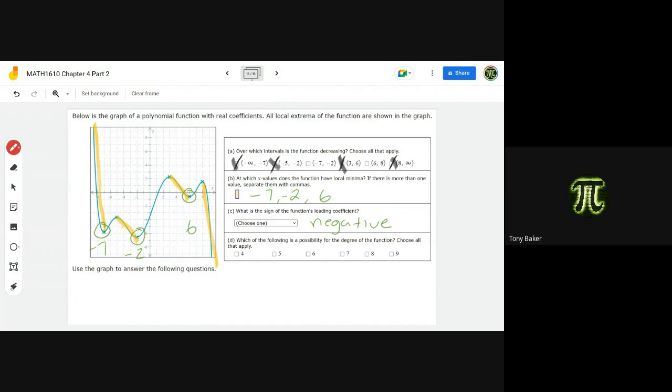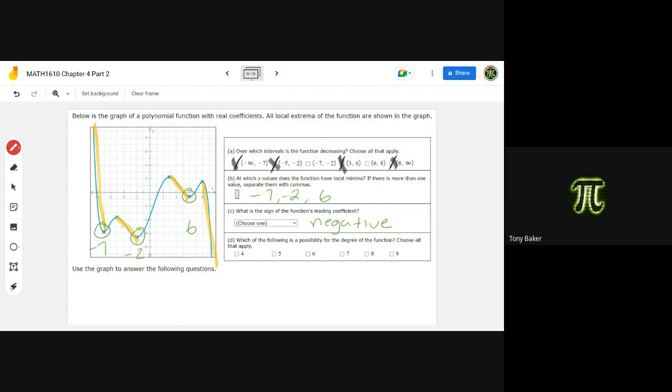But they would have had to have given you the zeros, or it'd have been a quadratic. Cubics are a little more complicated. They don't give you the zeros. Quadratic, you could have easily found the zeros with the end behavior and stuff like that. So it really depends on the type of graph they're going to give you. It does come up sometimes with modeling and things like that where you do have to come up with a function for it. So that's not a horrible thing to know.